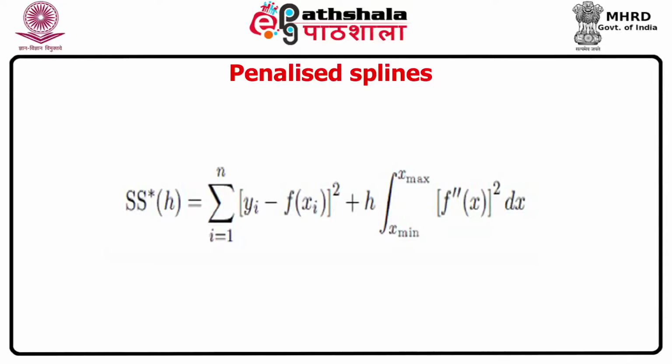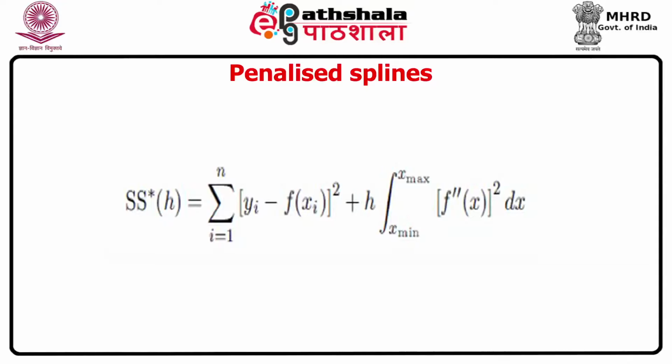The first term is the usual residual sum of squares, but I have also added a second term, which is a multiplier h times an integral of f double dash x whole squared integrated over the range of x. This second term is called a roughness penalty.